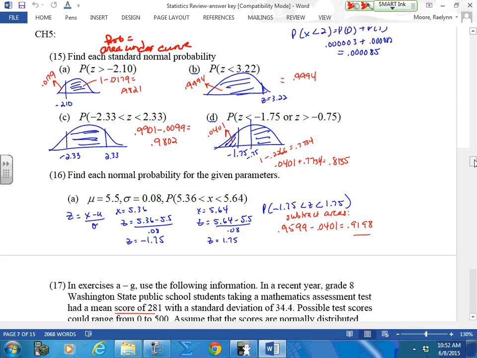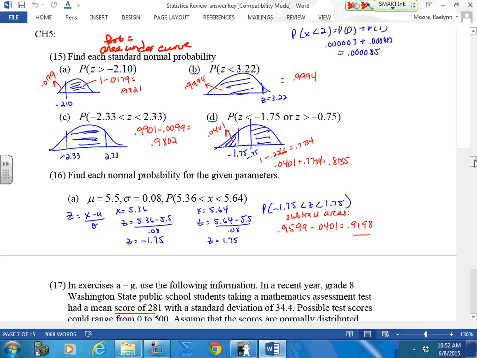So I need to sketch and find my area to the right. That's where I'm pointing. When I look this up in my table, I'm given this little piece right here. And I say, that can't be right because I want this whole big piece in here. Remember when I used to say judge by 50%, more than 50%, less than 50%? It's a good way to tell. I want more than 50%. I'm going to subtract it from 1.